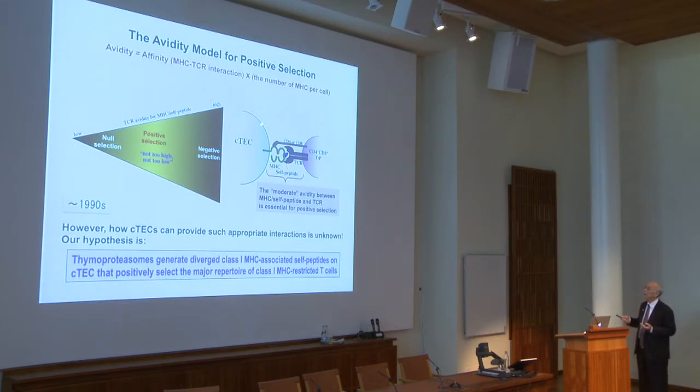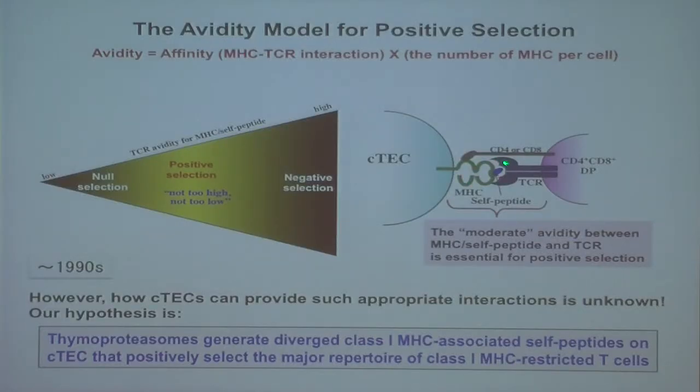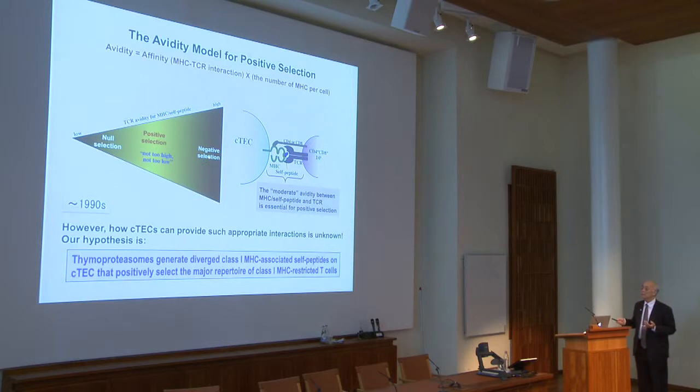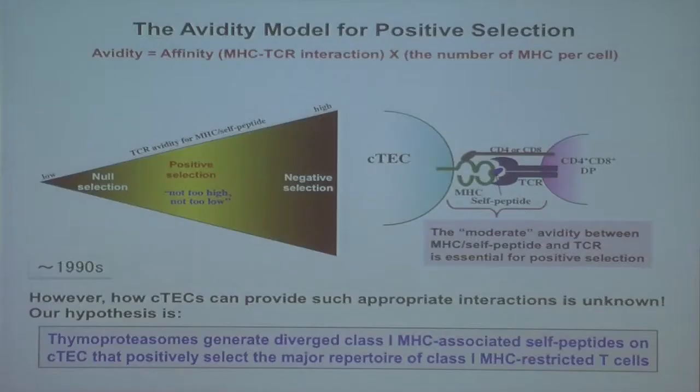And if the cTEC expresses self antigen, in that case this interaction is very tight, so death occurs by negative selection.